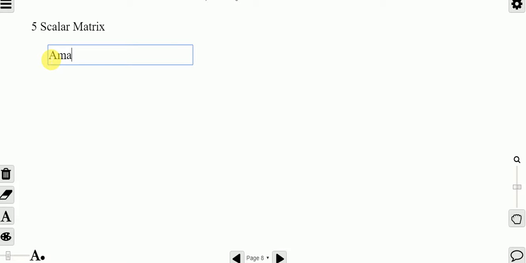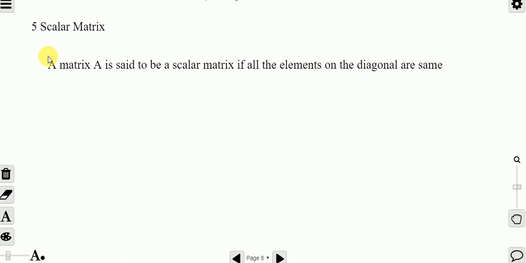A matrix A is said to be a scalar matrix if all the elements on the diagonal are the same.